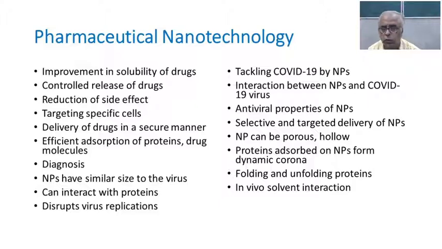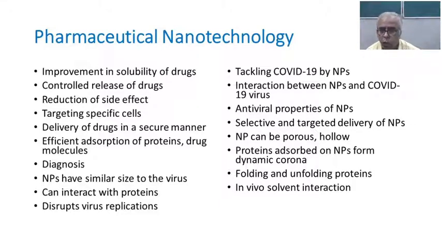And there are a lot of antiviral properties of nanoparticles. As I already mentioned, they are selective, they can be targeted to the particular region. And nanoparticles can be porous, hollow, so that they can be absorbed at suitable places.